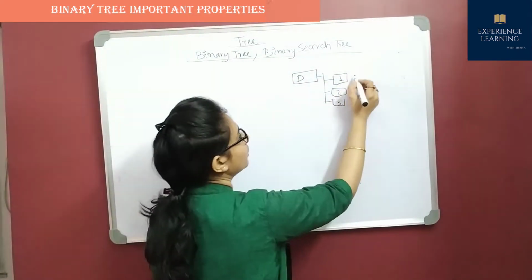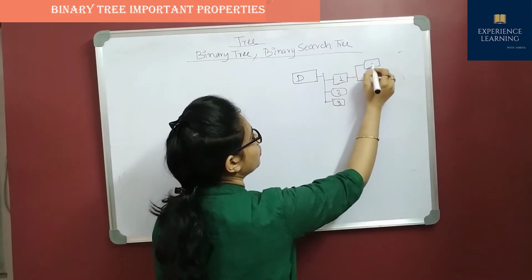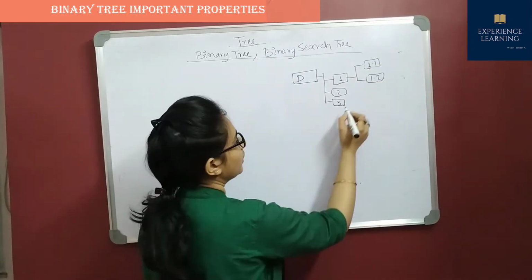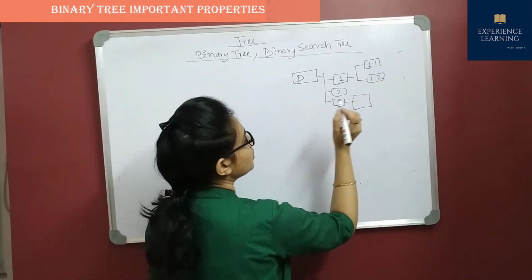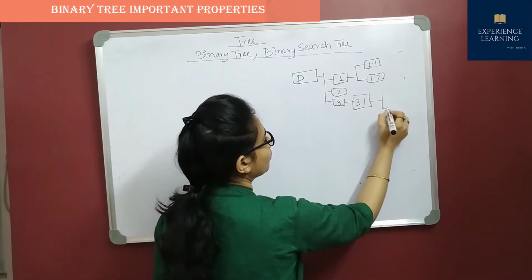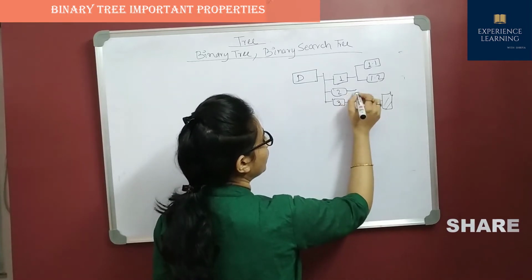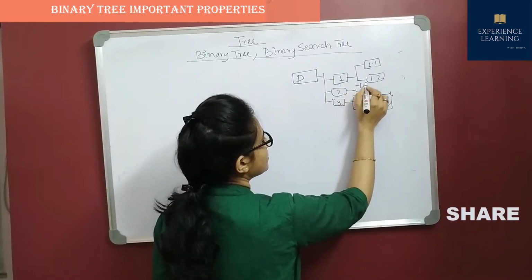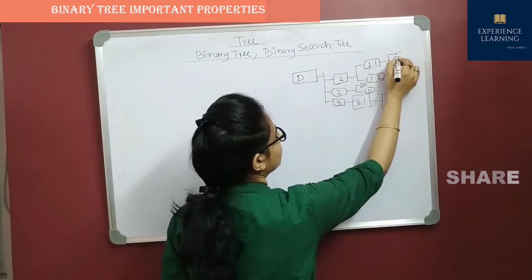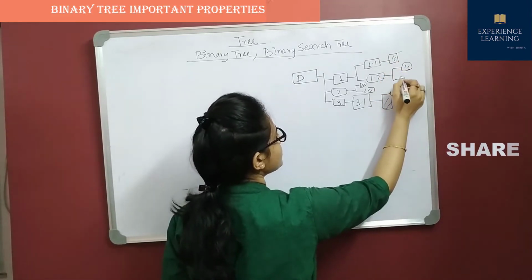In folder 1 you have two other folders, 1.1 and 1.2, and folder 3 has 3.1, and then we have the file. Folder 1 has one file, folder 2 has two files, like this.